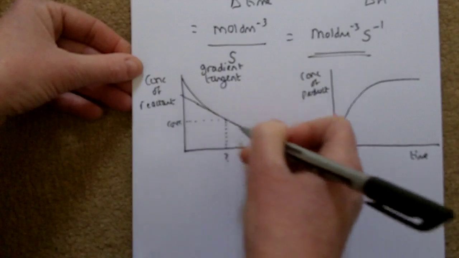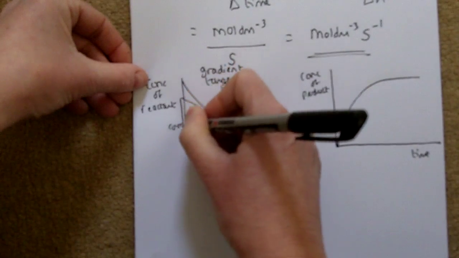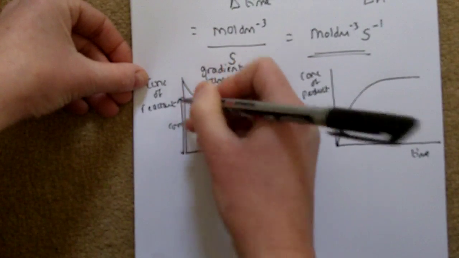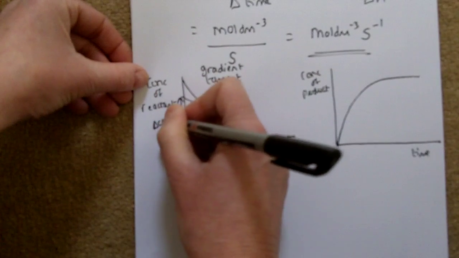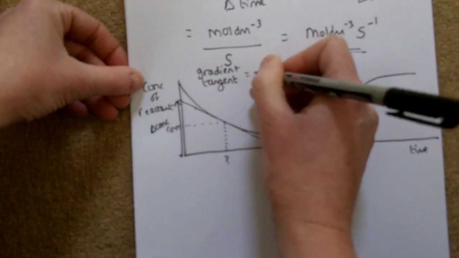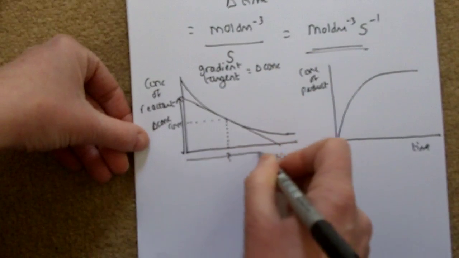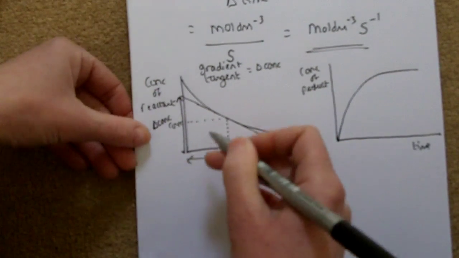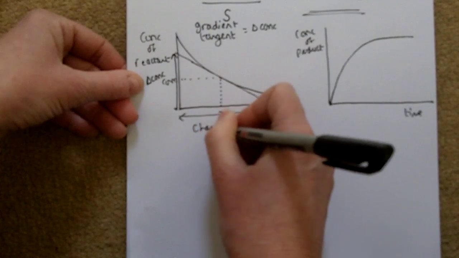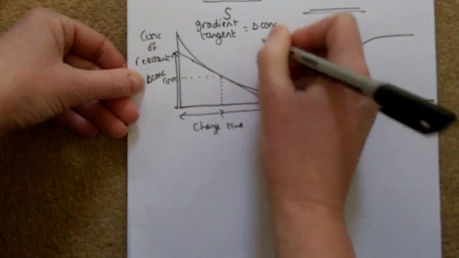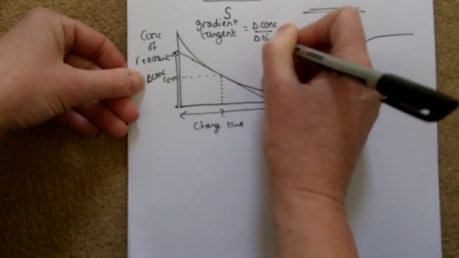Now to find the gradient of that line, it's a change in y, so the change in concentration, over a change in x, a change in time, and that is the rate.